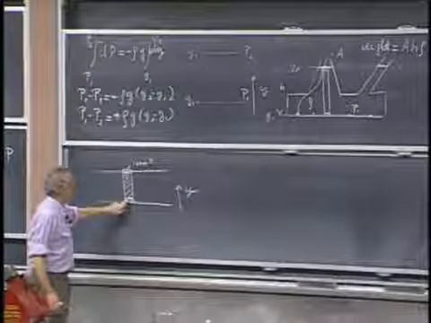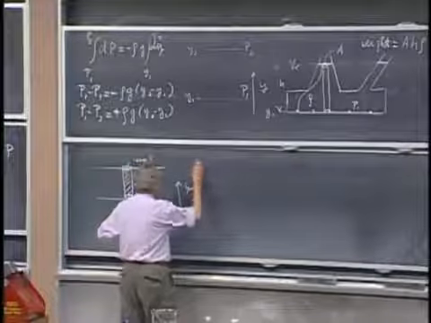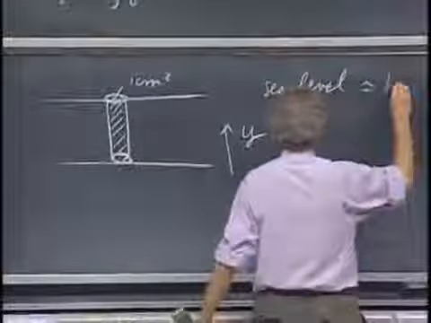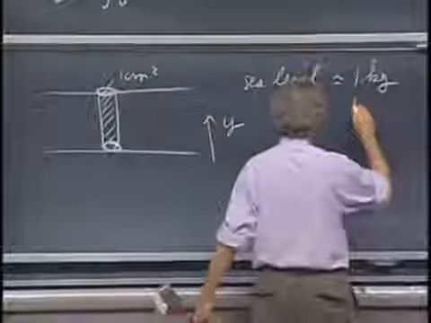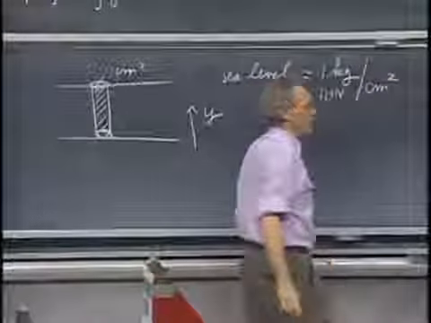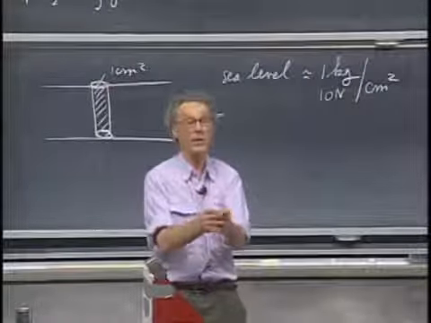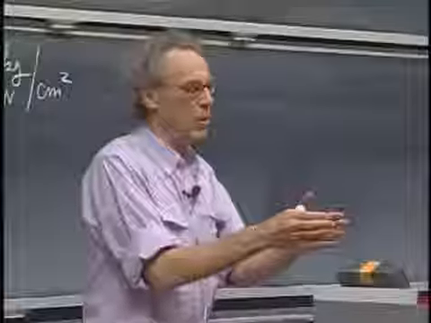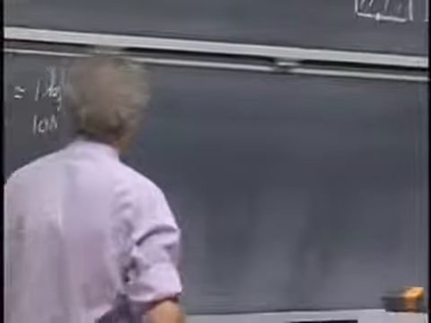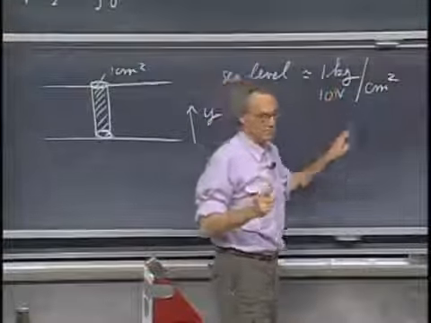And what I find is that at the bottom, at sea level, I find roughly 1 kilogram force, which is 10 newtons, per square centimeter. It means that this whole column, if I take a 1 square centimeter tubing all the way to the top of the atmosphere, a few hundred kilometers, would weigh 1 kilogram only, all that air.